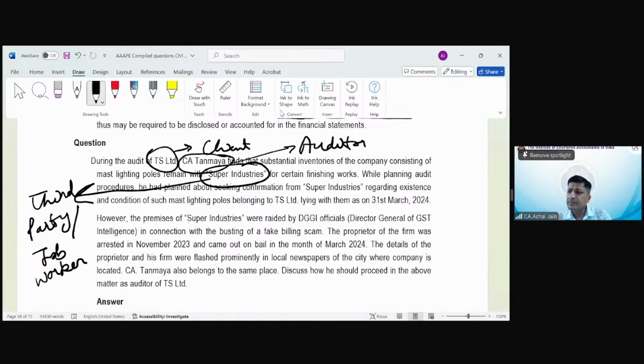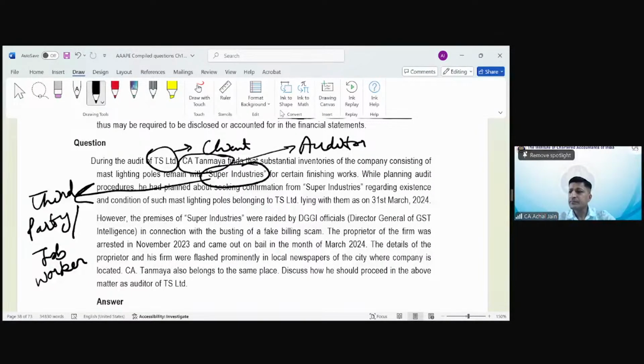We have to consider all the aspects. We have to first inquire about the business environment and the situation. Just because that DGI official came and it is a billing scam, we should not jump to the conclusion that they may be fraud.